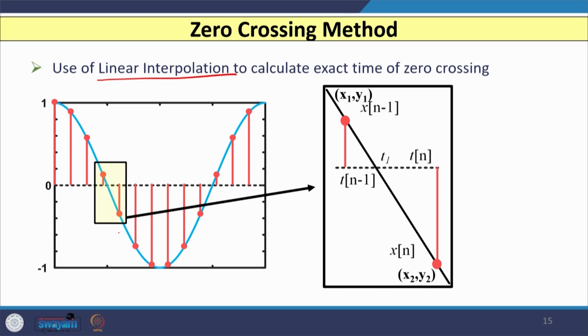So, let us consider this signal. In this we have considered this window, and I have shown it here. We have 2 important points, this is point number 1 and this is point number 2.